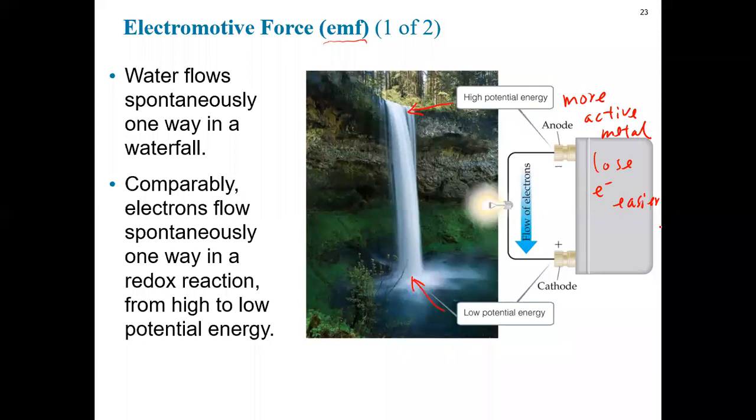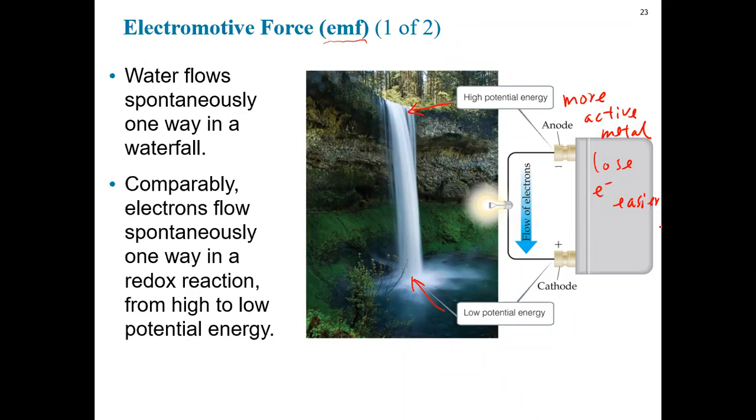So we use tabulated data to compare how easily something is oxidized, or how eager something is to be reduced.